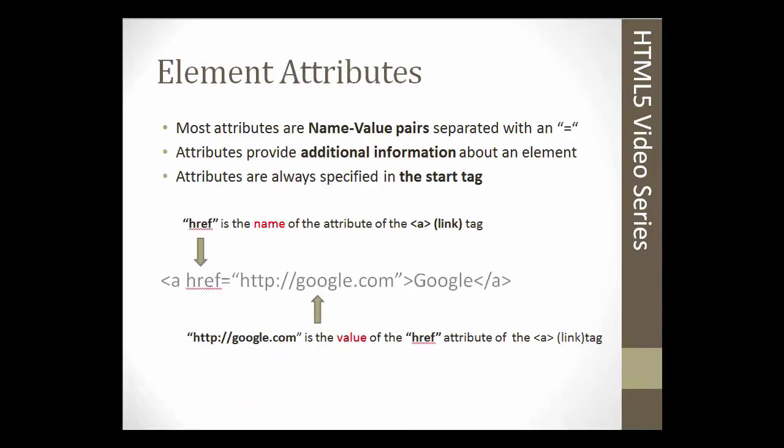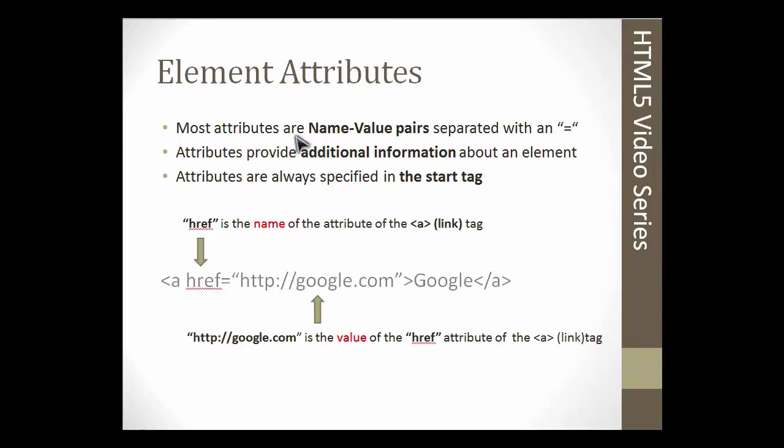So all tags have attributes, or can have attributes. And there's a number of different kinds of attributes. We could have the width or height as an attribute, the style, and as we have here, the href attribute, which is a URL.